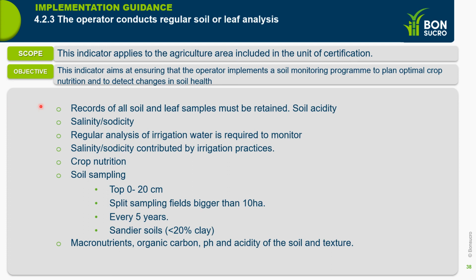So the top 0 to 20 centimeters, split sampling for fields bigger than 10 hectares, every 5 years, sandier soils with less than 20% clay. So to be sure that the procedure for those specific samples is clear, the people are trained, and the information is going to a laboratory that can provide the information we need, and that they are certified to take the information and to give us that answer and that information.